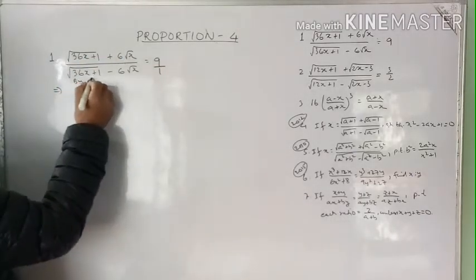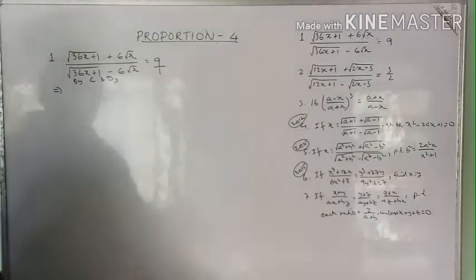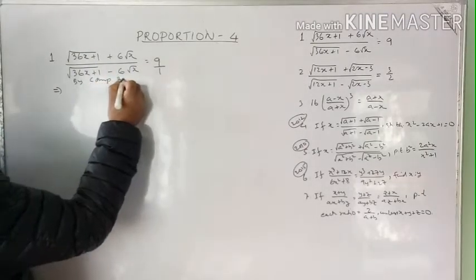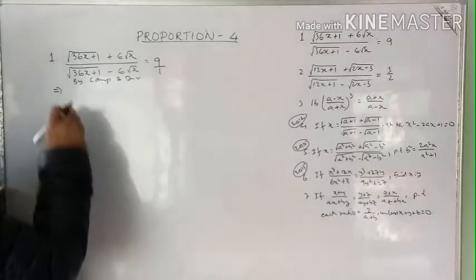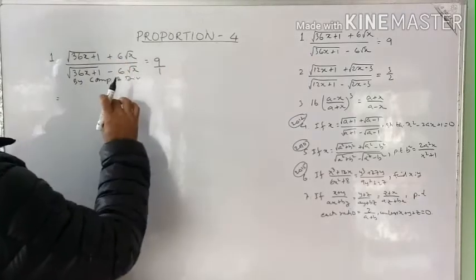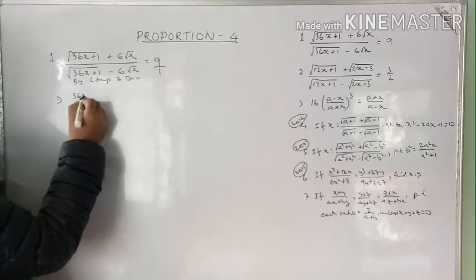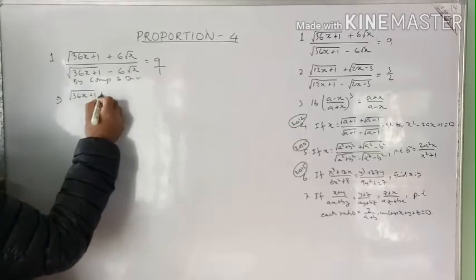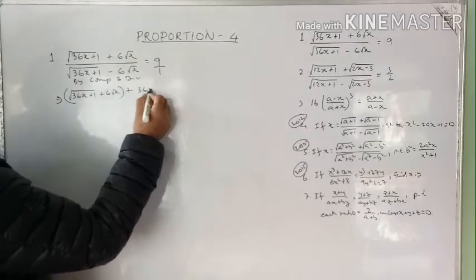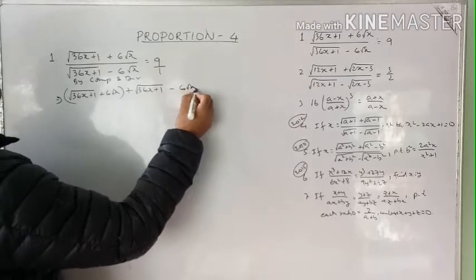So by componendo and dividendo, what do we get? We add in the numerator and subtract in the denominator. So we get (√(36x+1) + 6√x) + (√(36x+1) − 6√x) over (√(36x+1) + 6√x) − (√(36x+1) − 6√x).